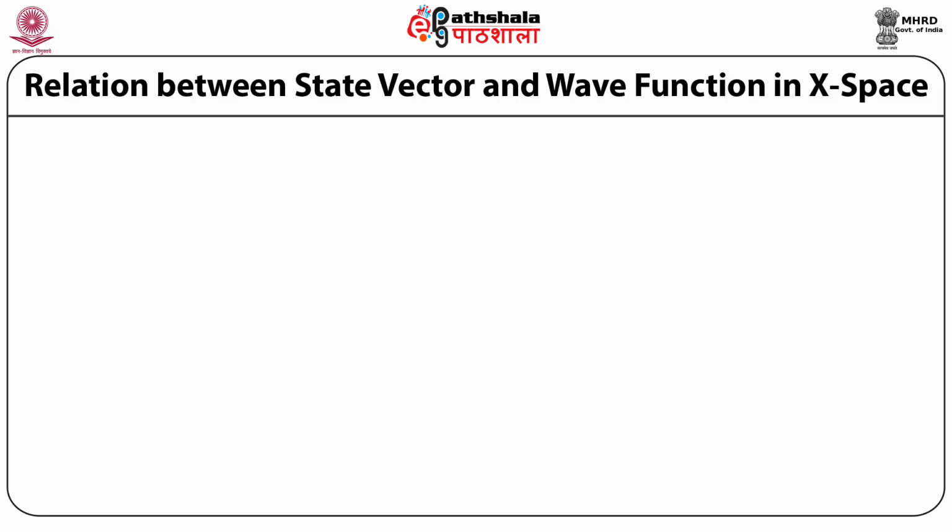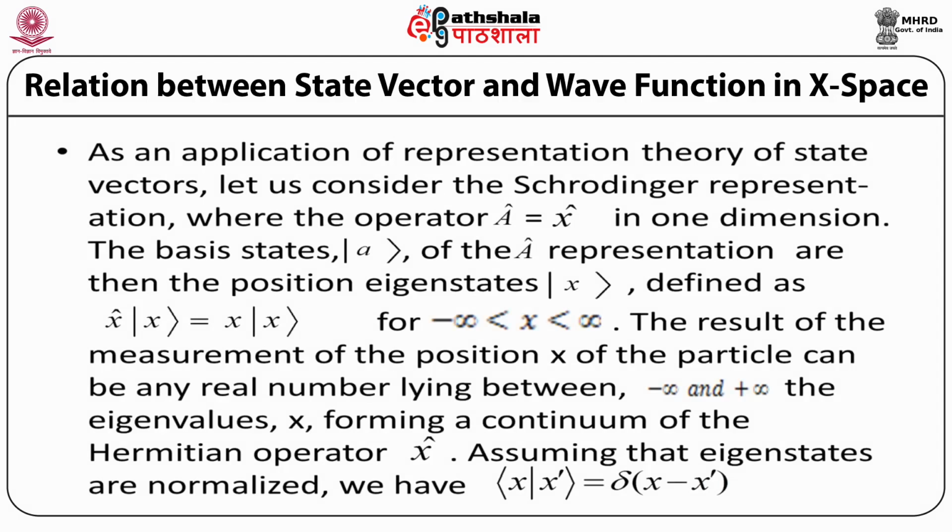Now let us look at the applications of the representation theory of state vectors. For discussing the applications, let us consider the Schrödinger representation where the operator A is equal to operator X in one dimension.